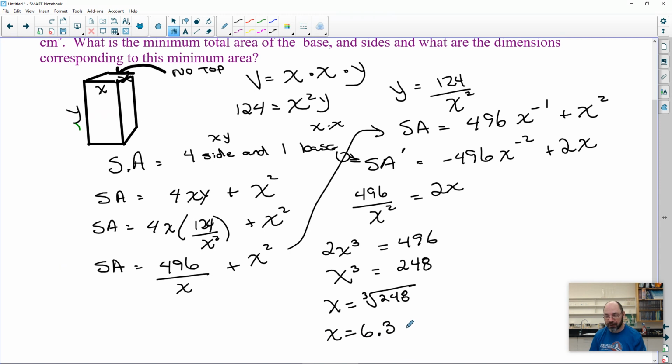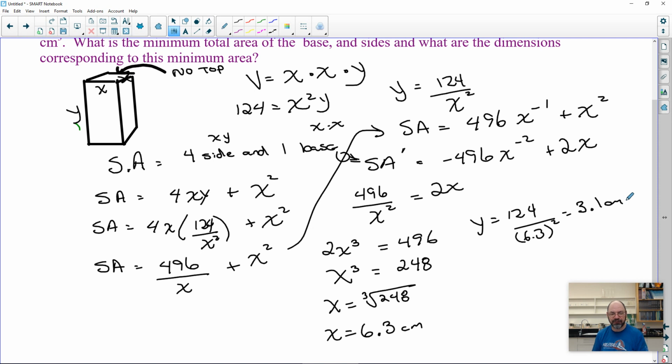Now we need to find out what y is. It's up here. y would be equal to 124 divided by 6.3 squared. I get 3.12, or 3.1.